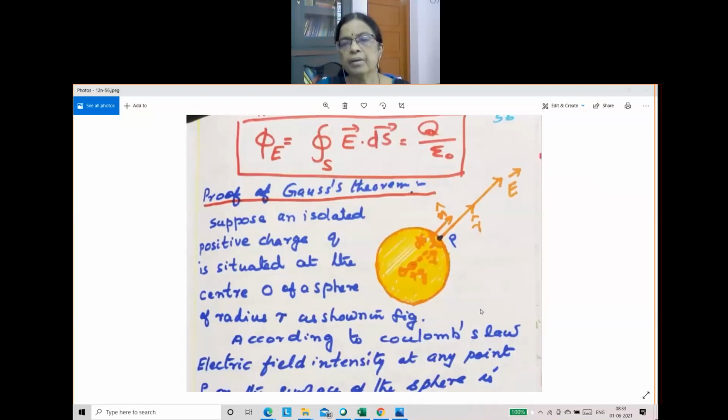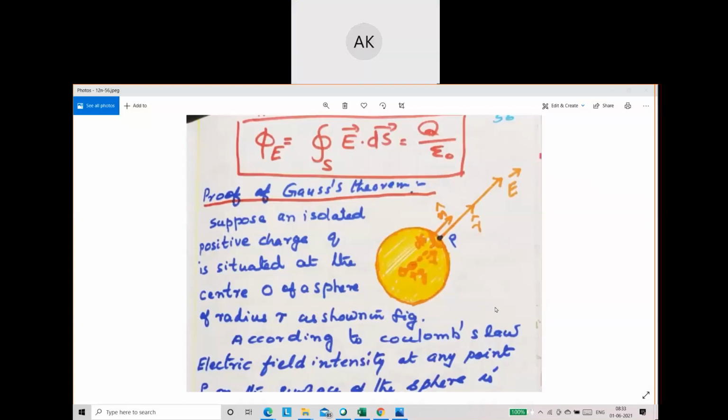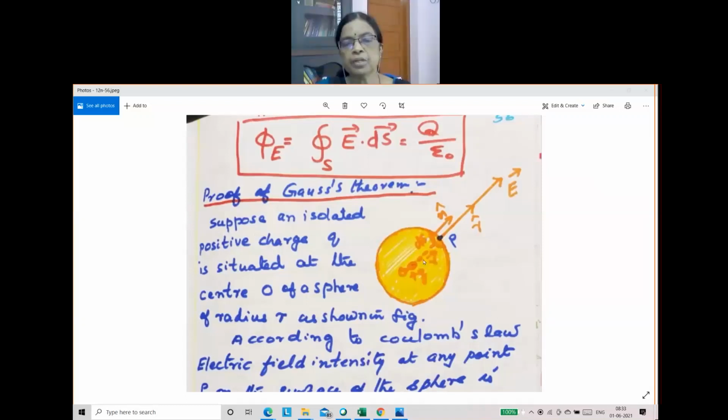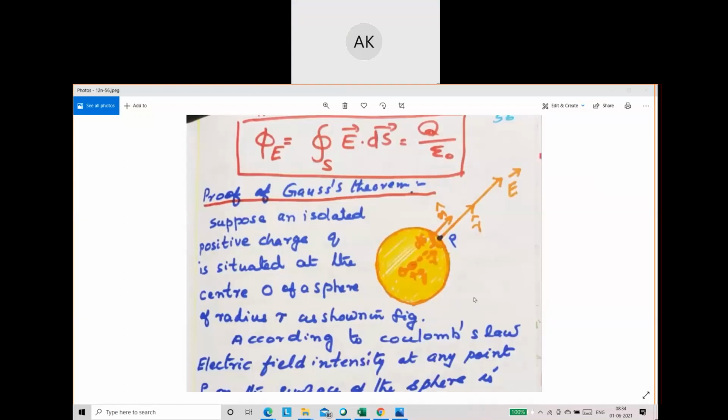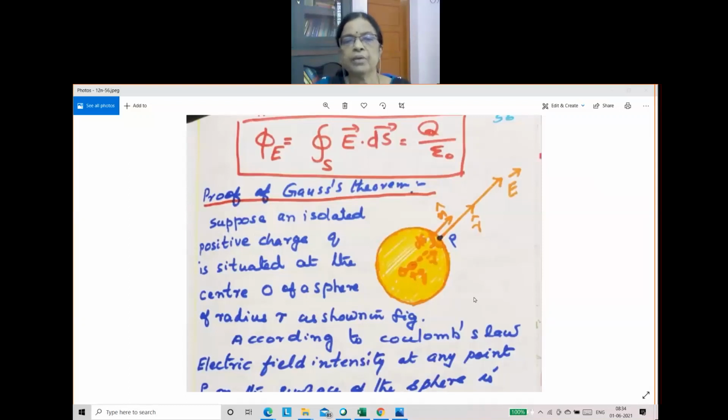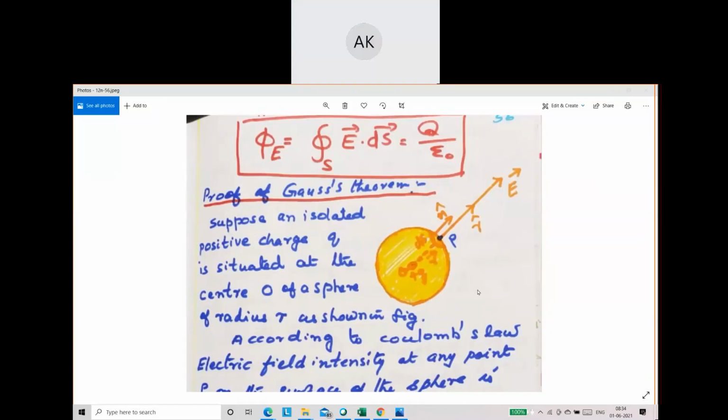Please explain, don't waste time. What is the most important thing here? We are studying about Gauss's theorem. What is the first thing you have to tell?